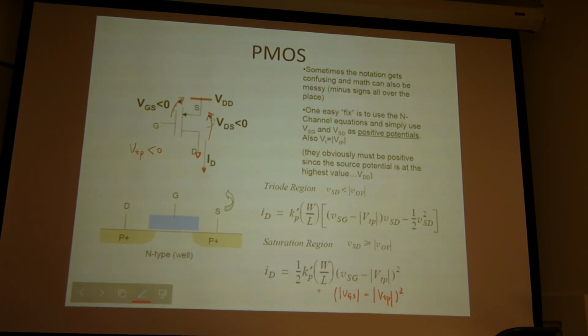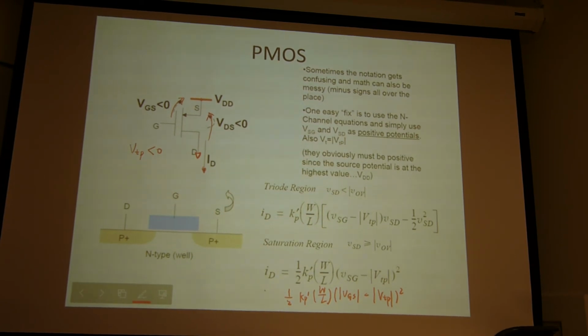Then you can have the same equation as before. The only thing you need to change here is from Kn to Kp. So essentially change from mu n to mu p, the mobility from the electron to the hole. Then you can apply the same equation.